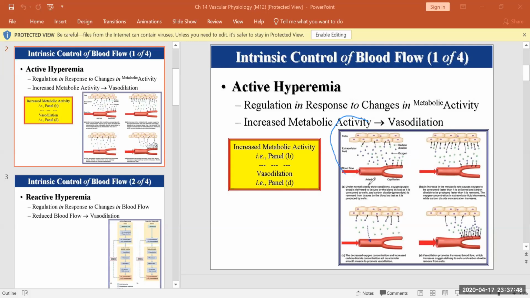Under normal homeostatic conditions at rest, you will have tissues that are consuming the same amount of oxygen that's being delivered by the blood vessels. And the same amount of carbon dioxide being produced by these cells will be picked up and disposed of by the blood vessels.